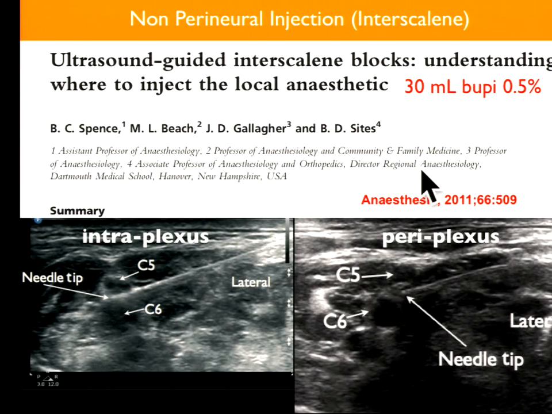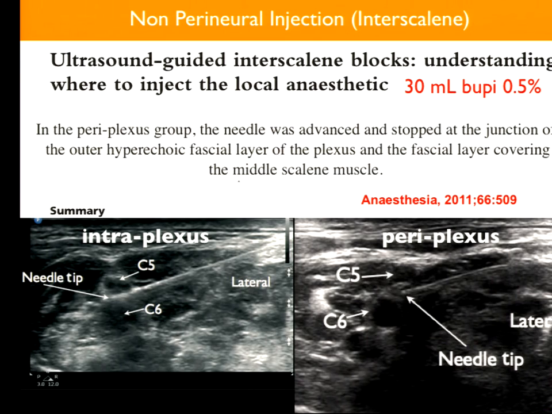But Dr. Seitz' group challenged and said, maybe we shouldn't get the needle too close to the nerve because we always worry about nerve injury. Is it possible just to get close enough to the nerve roots and then inject? They call it the periplexus block, injection technique just right at the border of the fascial plane between the middle scalene muscle and the nerve root.